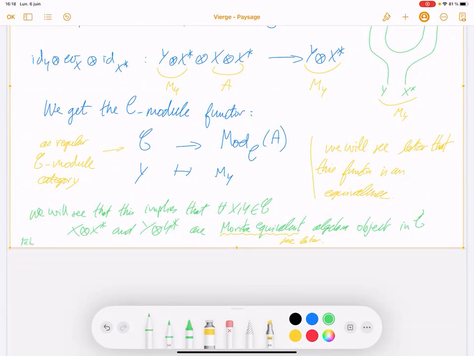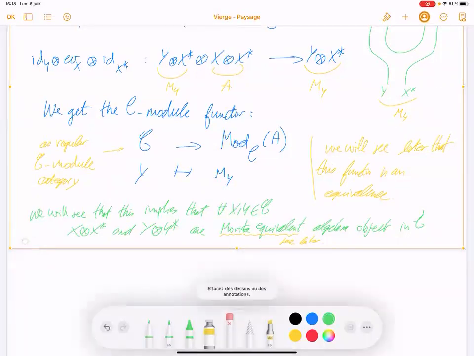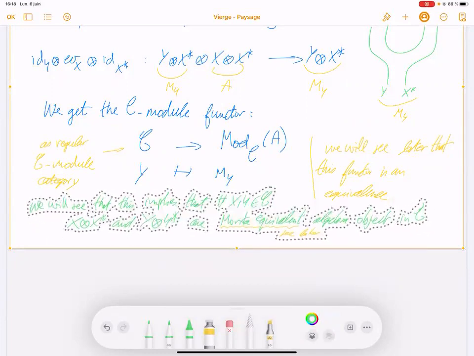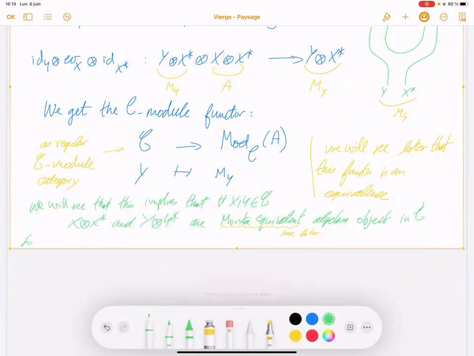Take y equal 1. So they are Morita equivalent to the unit algebra object, 1, with y equal 1.